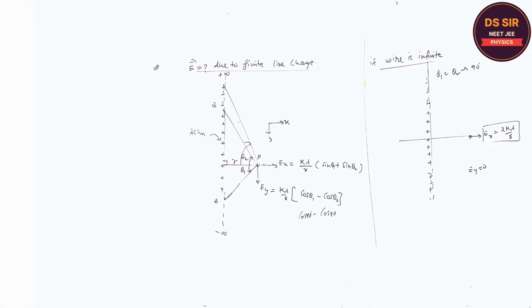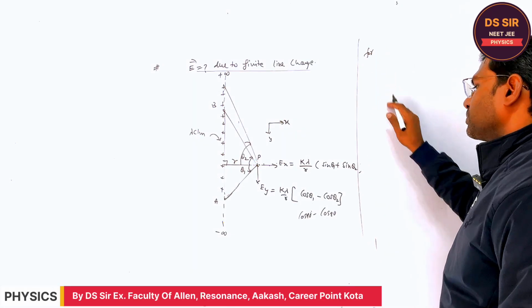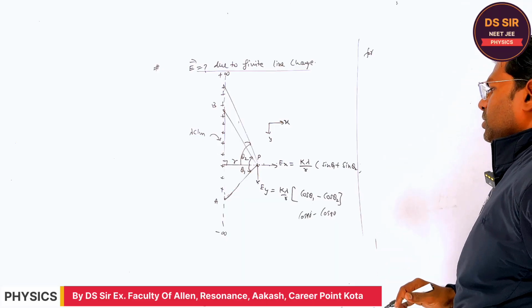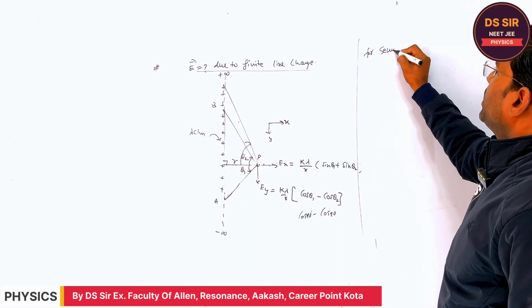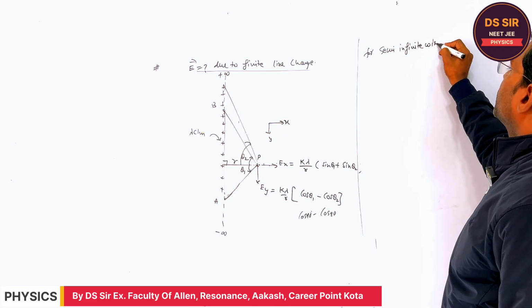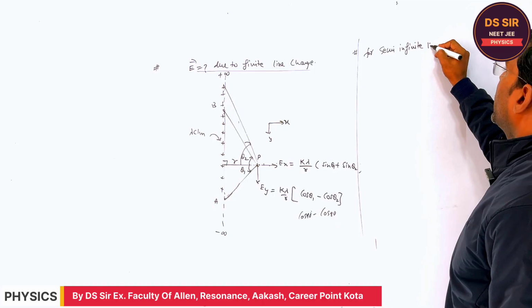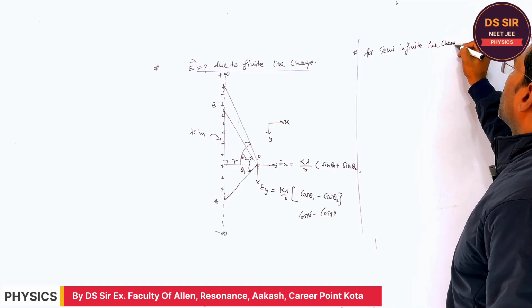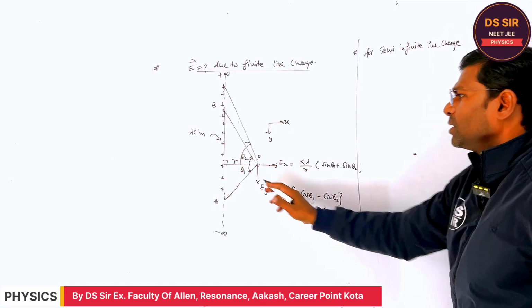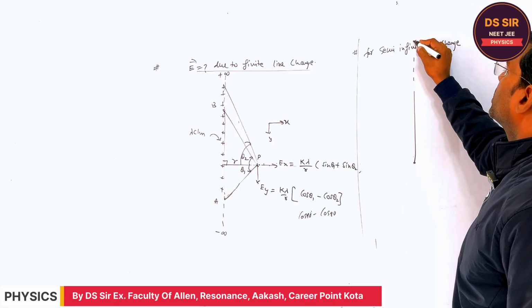Yes. Copy this. For a semi-infinite wire, a semi-infinite line charge, what does it mean? The line charge starts from here and goes to infinity. Is it clear or not?